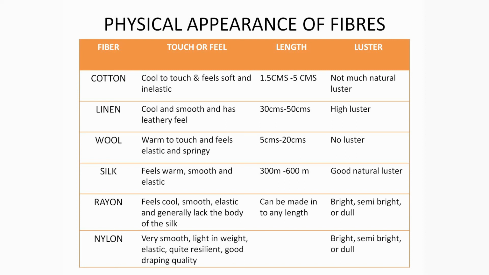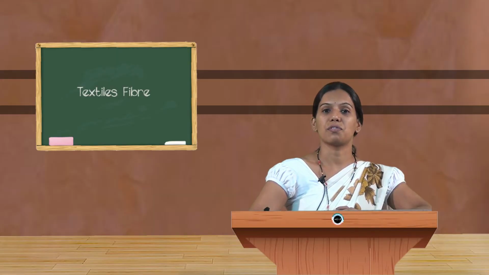And next fiber is silk. Silk, when we touch, feels warm, smooth and elastic. Naturally, silk has 300 meters to 600 meters of length. And silk is the only natural fiber having good natural luster. And next, rayon.